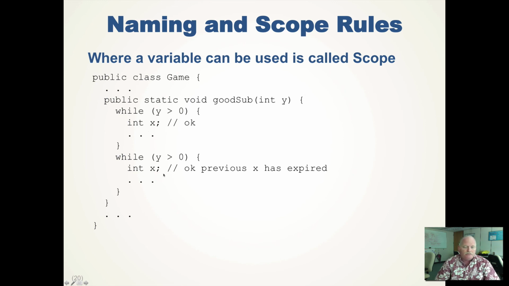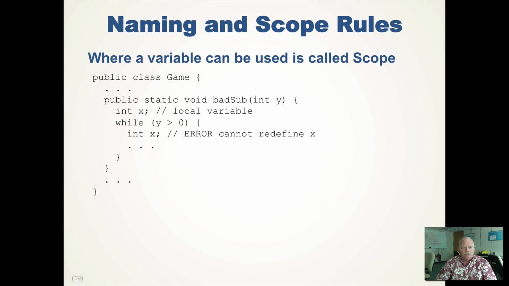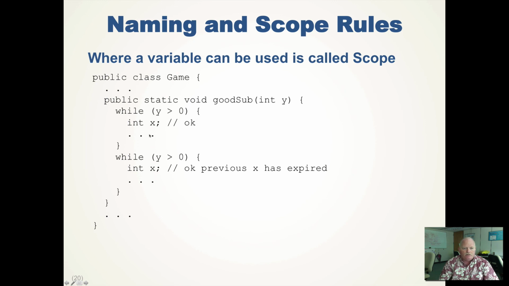This second x is fine because the first x goes out of scope when we leave this block, and so now we can create a new x, and that's fine. So the difference is, this x goes for the whole subroutine. We can't override the local variable.